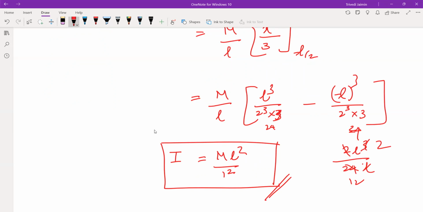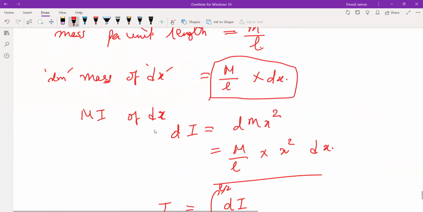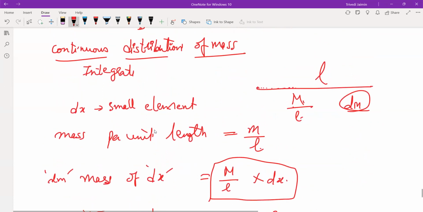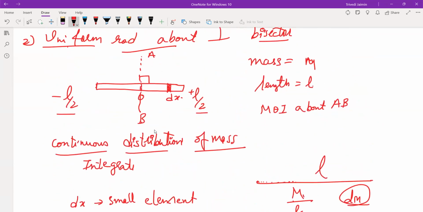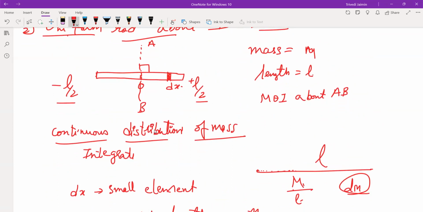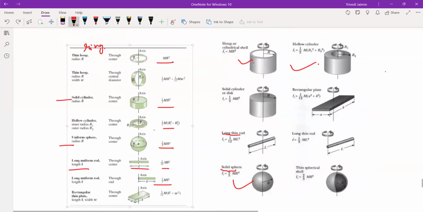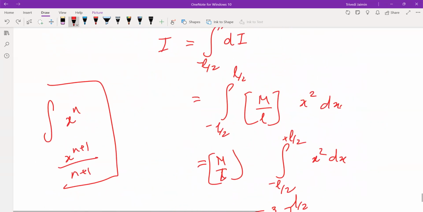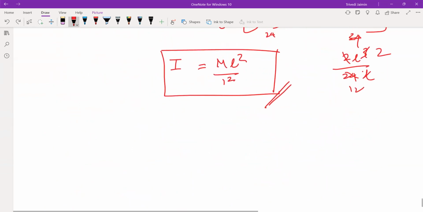Now if we find it for a circular plate, what will we do? We did it for length because it was a rod. For a plate, we'll take a strip like a ring.